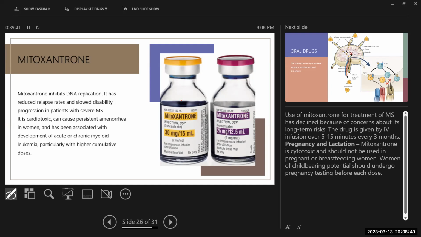Use of this has declined because of concerns over long-term effects of this drug. So this drug is definitely second tier. Having said that, it's cheap. Let's see. Year supply is $1,400. Compared to the antibodies, that's really cheap.